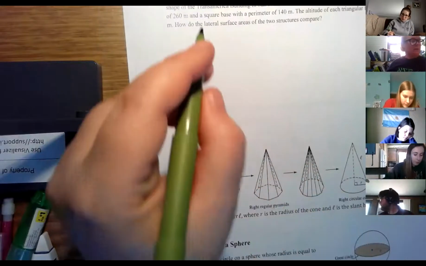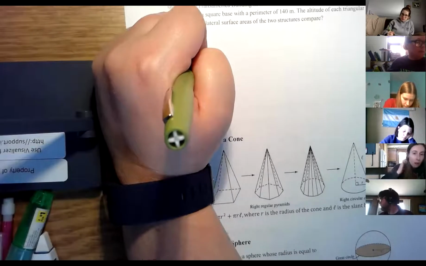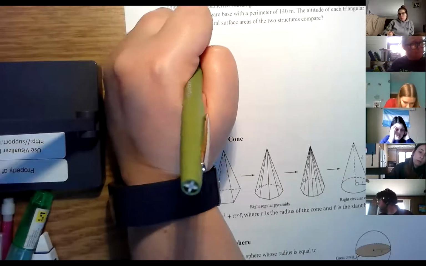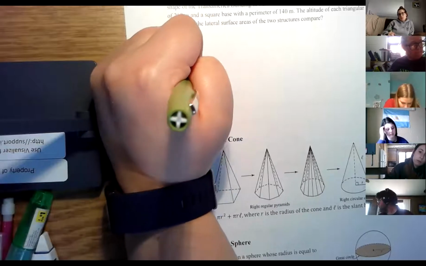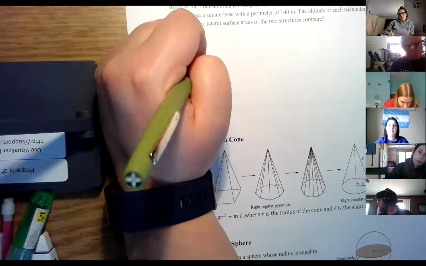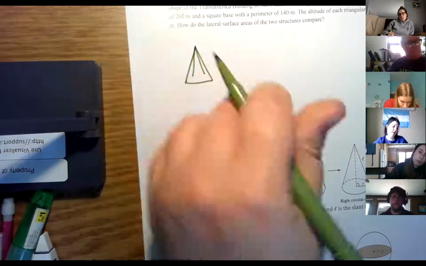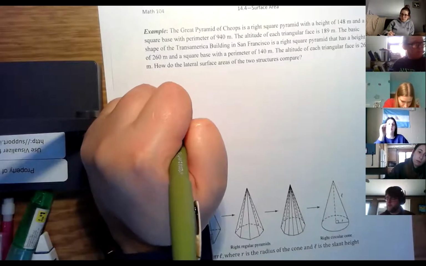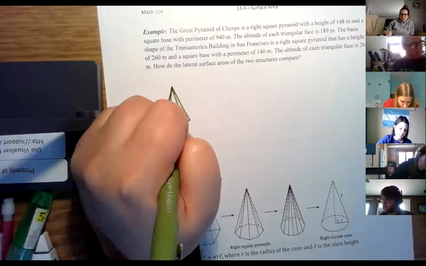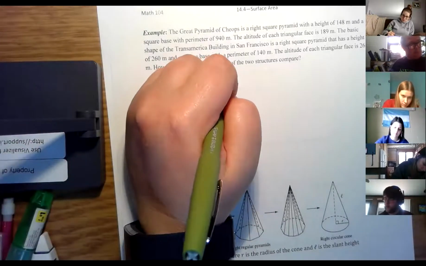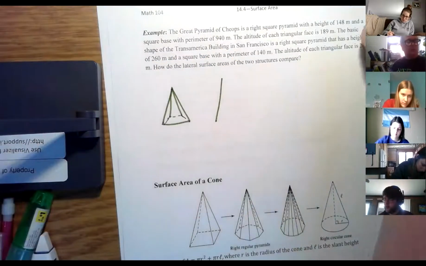So I have these two square pyramids. Can you please pull it down a little bit? I didn't print off my packet. I can't read it. Oh, sorry. No, that's okay. So there's one, and then we have this other one. I should do a different color, huh?